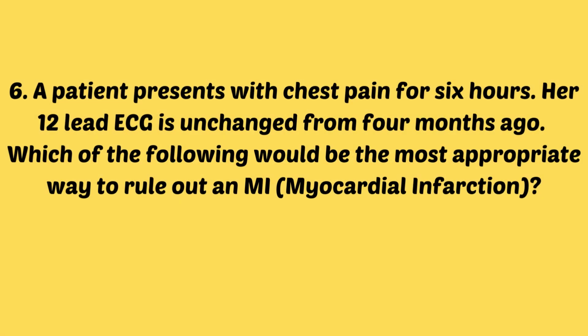Okay, guys, and our last question, number 6. A patient presents with chest pain for 6 hours. Her 12-lead ECG is unchanged from 4 months ago. Which of the following would be the most appropriate for ruling out a myocardial infarction, or MI?